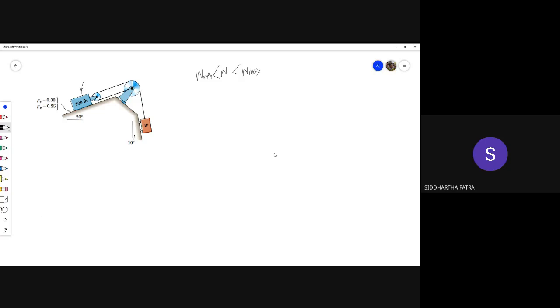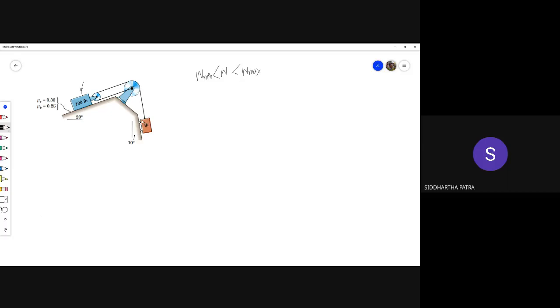And how do you propose to solve this problem? Both the coefficients of static and kinetic friction are given over here. Now, of course, because it's an equilibrium problem, this involves drawing a free body diagram and all, but a few of the things you can assume, if not mentioned, and hopefully it will always be mentioned.